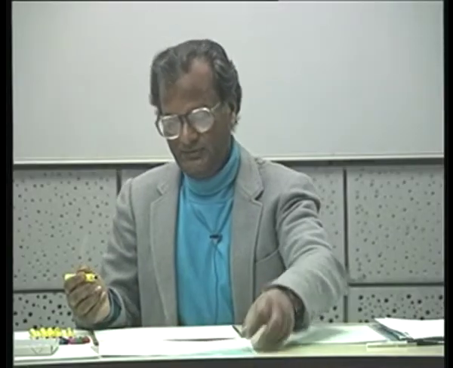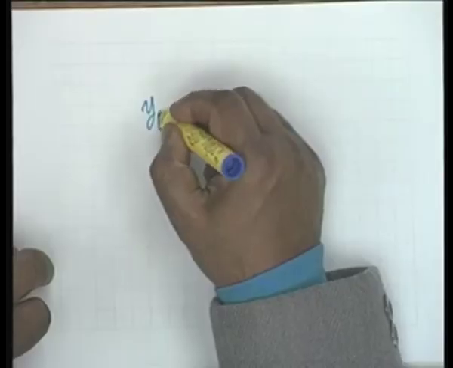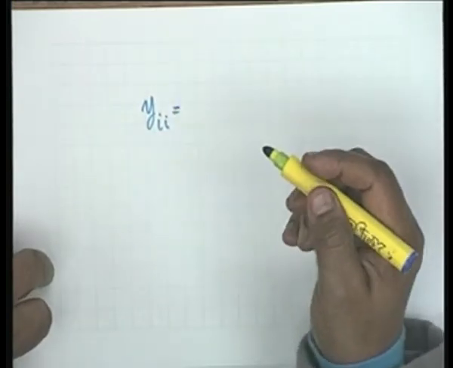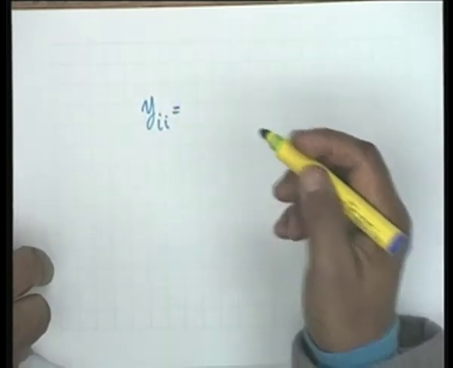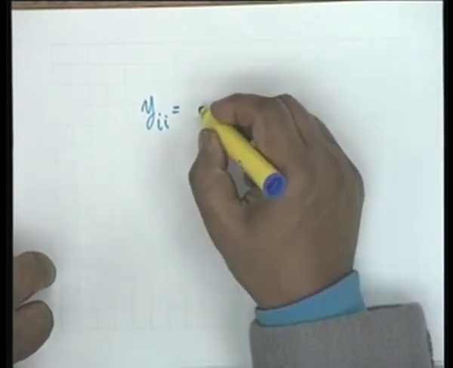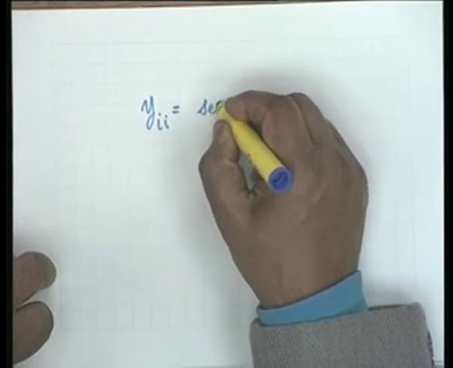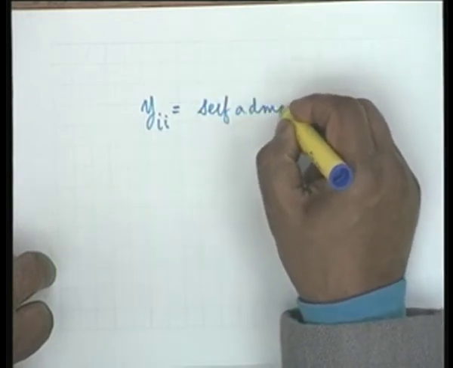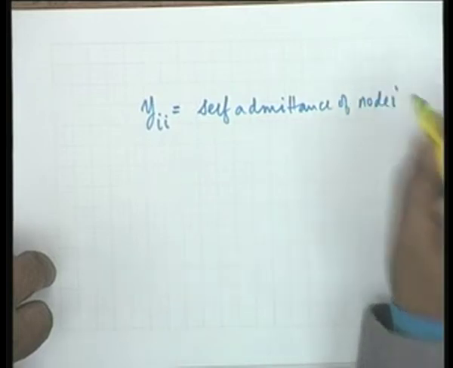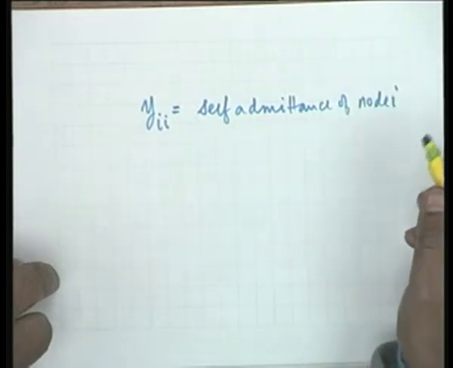Now, Yii is, if you recall how node equations are written, simply the sum of the admittances connected to that particular node. So, it is called the self admittance of node i, all right.